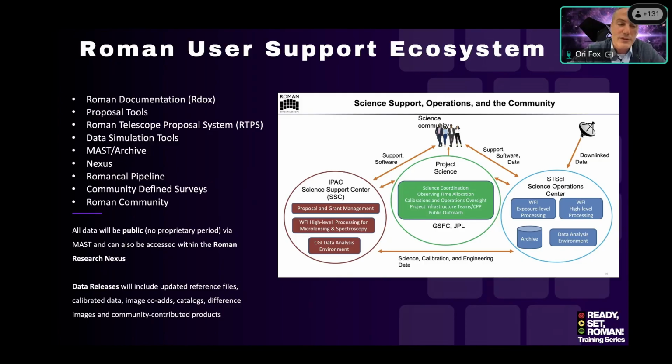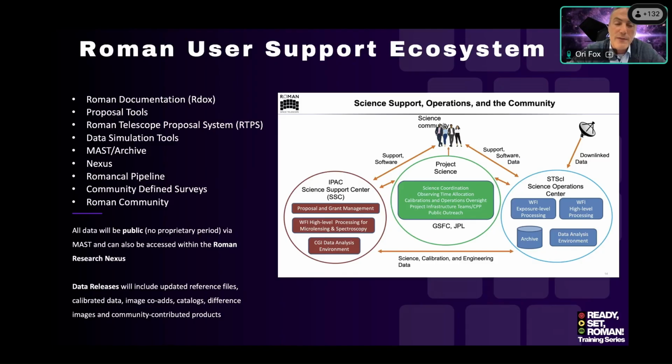And the SOC is also developing the Nexus, the Roman Research Nexus, which is a cloud-based platform that will allow you to work with the data on the cloud rather than downloading petabytes and petabytes of data. We, of course, have the pipeline, which we call Roman Cal. That's our calibration pipeline.